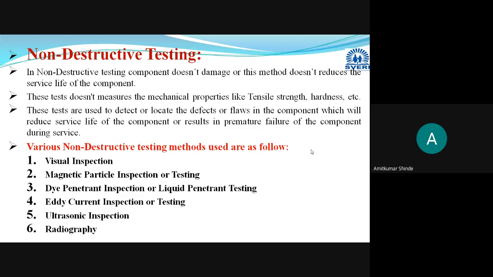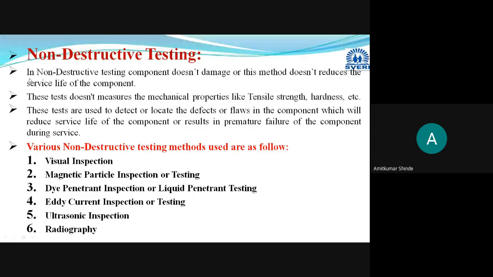So I will start here with the non-destructive testing methods: non-destructive testing and the different methods used for it. Whichever part I discussed during the differentiation between destructive and non-destructive testing, I have highlighted here in these three points. You can read it.